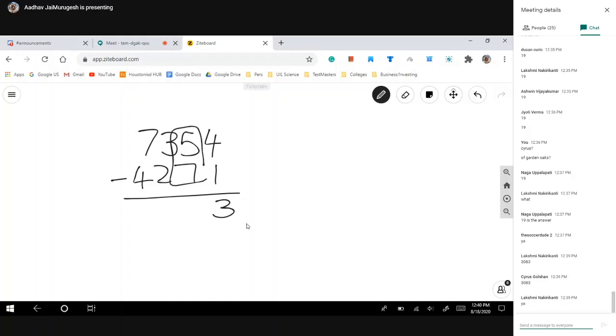You first determine 5 minus 7, and since 5 is obviously smaller than 7, instead of considering just this, you would consider also this. So instead of doing 5 minus 7, you would do 35 minus 27. So you guys kind of understand where I'm coming from.